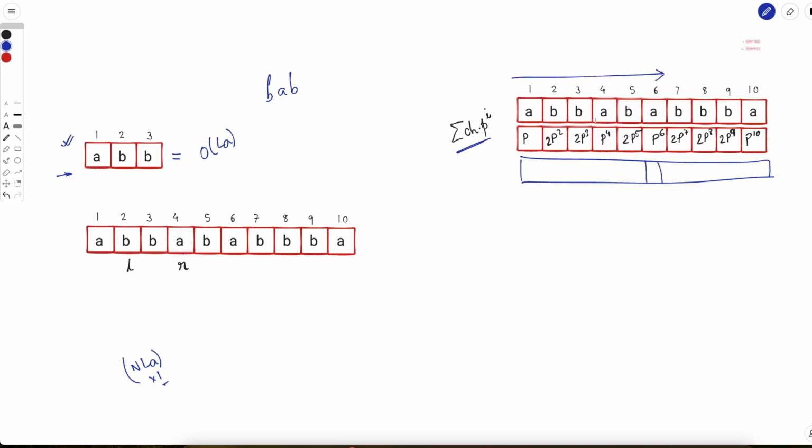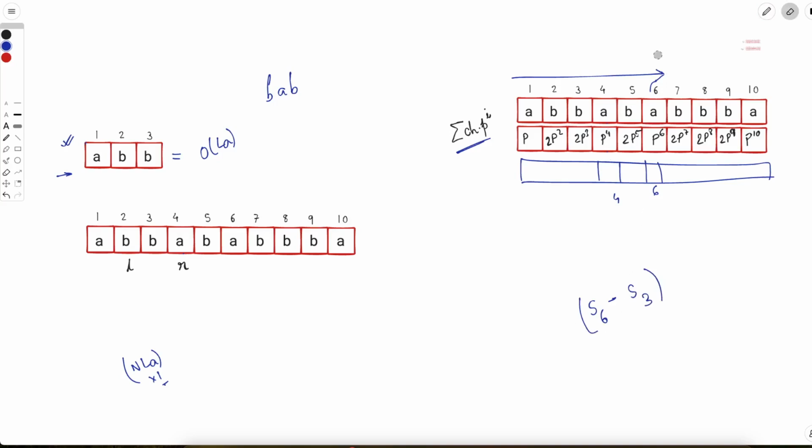Now if you want the hash of everything between, let's say, 4 and 6, you already know the sum of everything between 1 and 6, let's say it is x. You already know the sum of everything between 1 and 3, let's say it is s3. So this is the sum of everything between 4 and 6.